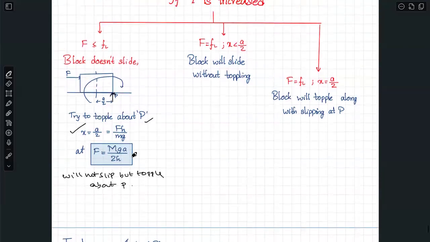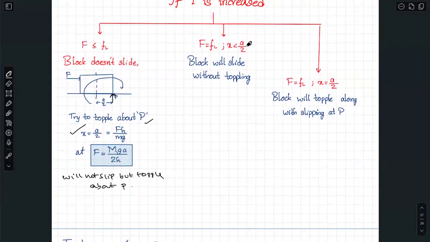Right. And one more important point. X is not reaching till the edge, but F becomes FL. What happens? This is the same as our old case, limiting friction case. The block will slide without toppling. Agreed? Next case.